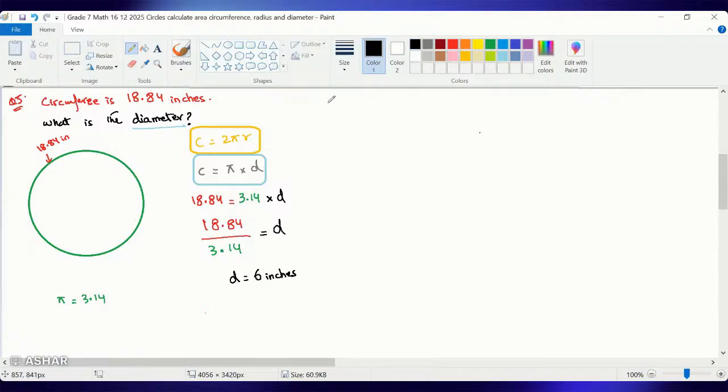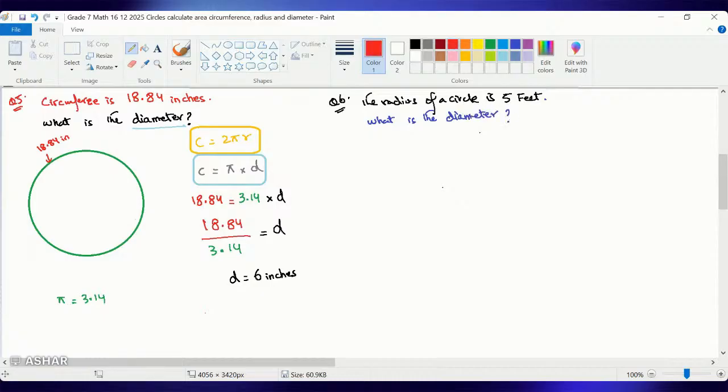In the next question, it says the radius of a circle is 5 feet. What is the diameter?